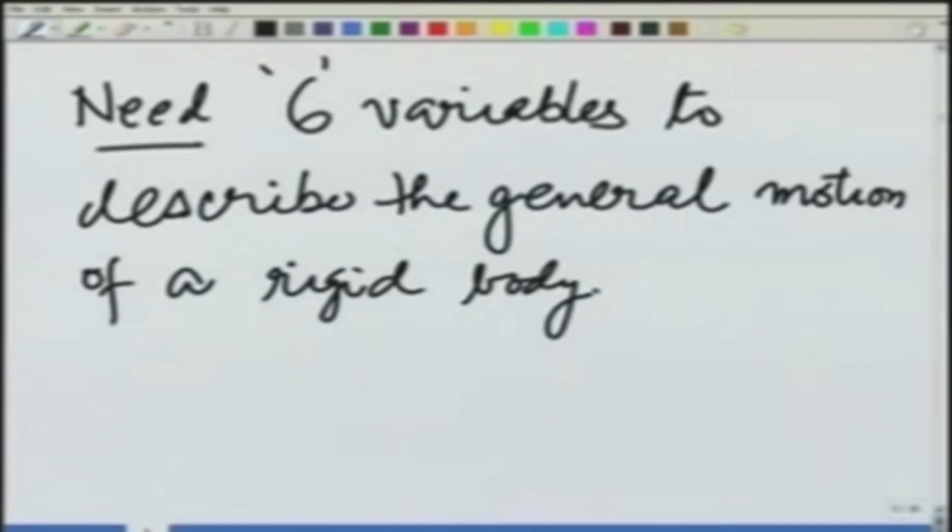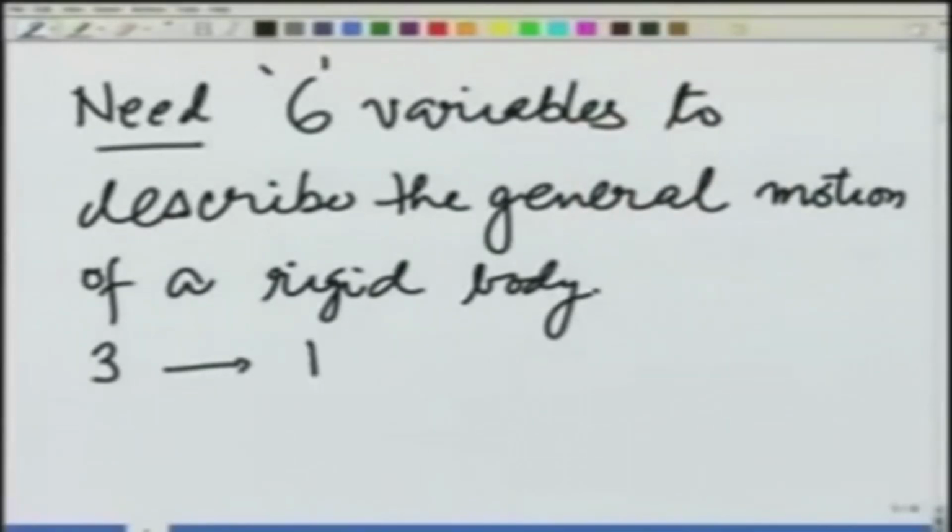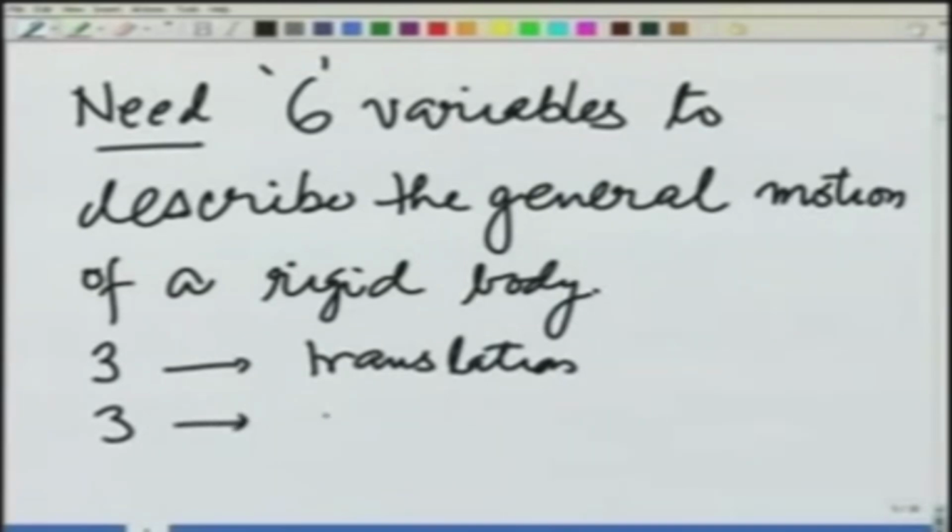You may ask, why 6 only? In a rigid body there could be 10 particles, 15 particles, 10 raised to 23 particles. Why only 6? That comes because there is a big constraint we are working with. The constraint is no matter how many particles, the distance between two particles will always remain fixed, and that constraint reduces the number of variables that I need to describe the motion of a rigid body to 6. 3 of these are for translation and 3 for rotation.